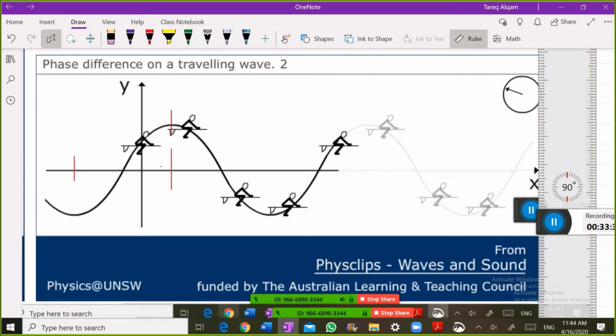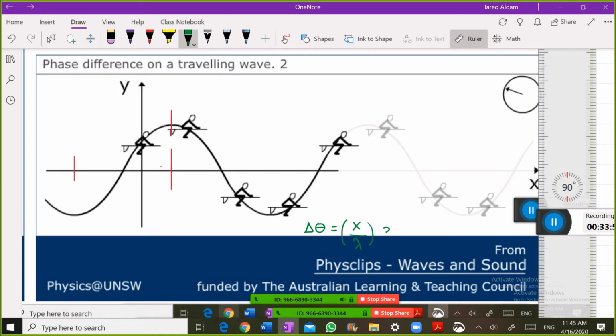Shall I repeat? First of all we have to find the shift in position, divided by the wavelength, multiplied by 360, or 2 pi.